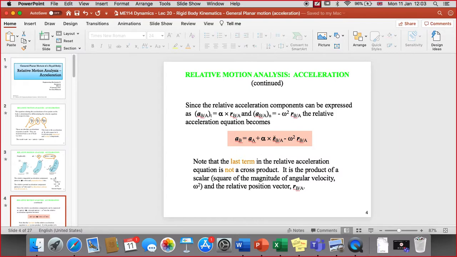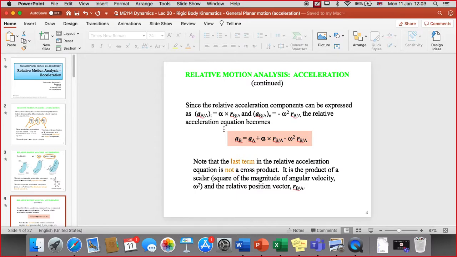So we can pop those back into our expression for the relative acceleration of an arbitrary point B on the body given the acceleration of point A. So the acceleration of B is going to be the acceleration of A due to translation, and then add on top of it the tangential and then the normal components because of rotation. ठीक, so things are again एक एक step करके build होती जा रही है हमारा dynamic analysis from what we had started with. Perfect.